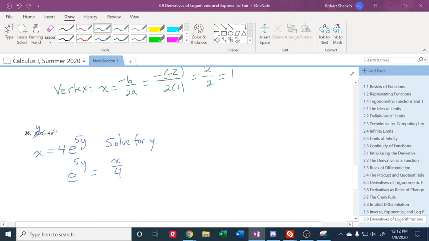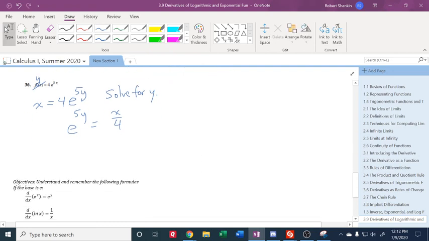Now I need to solve for y. I've got to get rid of this e. So I'm going to take the ln of both sides. Since the base is already e, ln and e to a power are going to kill each other off.